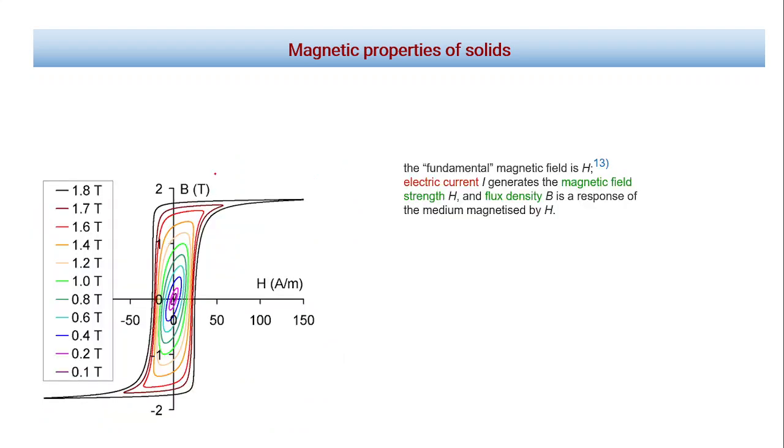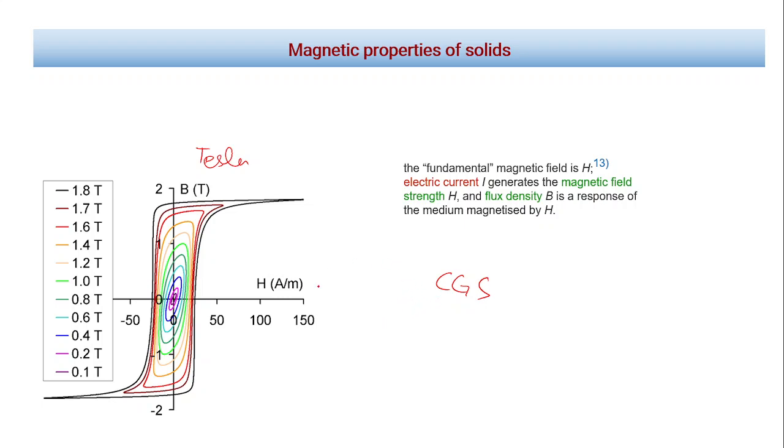Yeah, so this is a graph between B and H. Usually the SI unit for magnetic flux density, or whatever name we want to call it, is Tesla, whereas for this magnetizing field, the SI unit is ampere per meter. In CGS, even CGS units are very commonly used for magnetism, unlike other areas of solid state physics, I think.